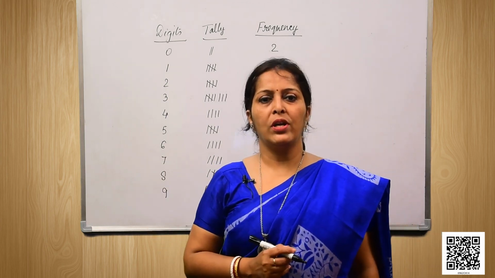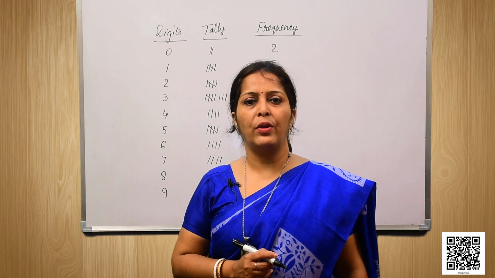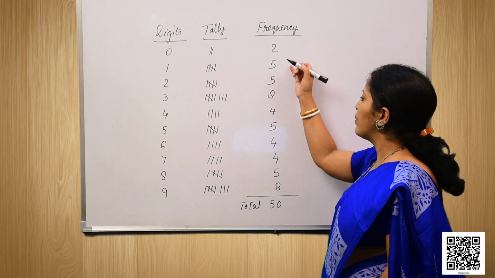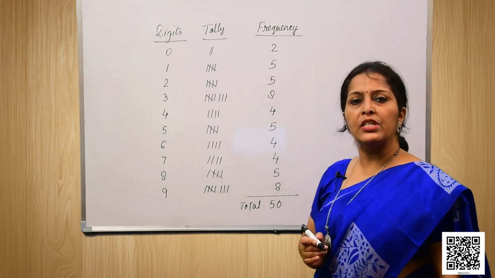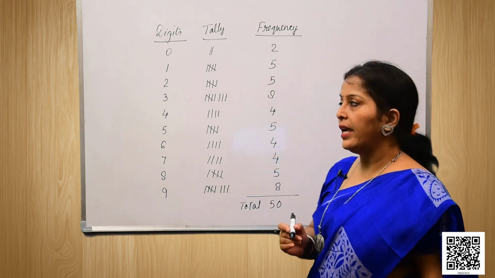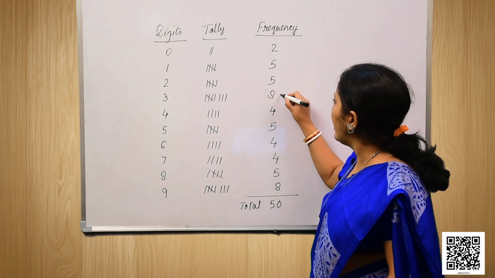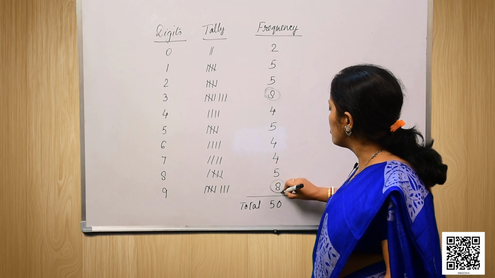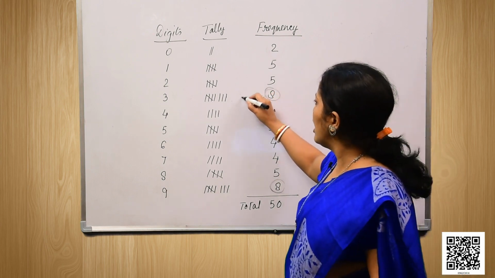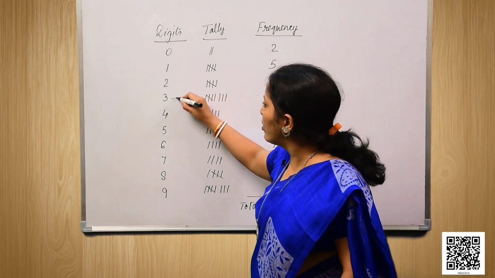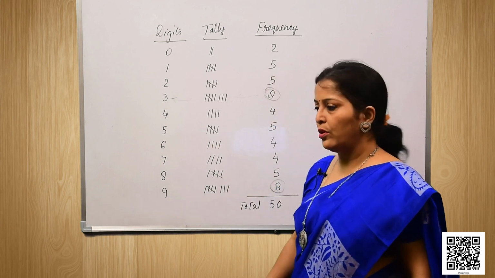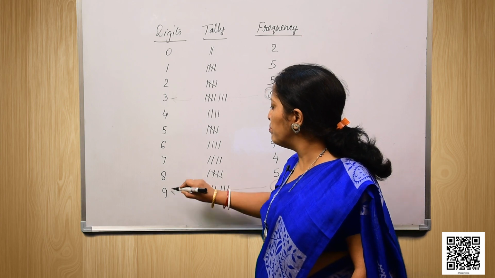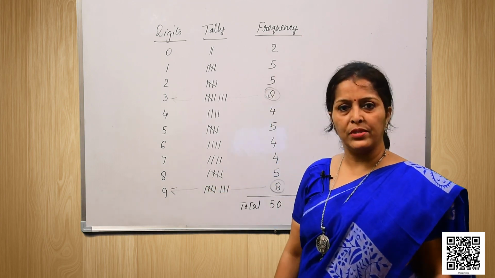The second bit says: what are the most and the least frequently occurring digits? Now let us see here in the frequency column. The number which is occurring mostly is the highest number 8, and this is appearing twice. This means the number 3 is occurring the maximum number of times, and also the number 9.